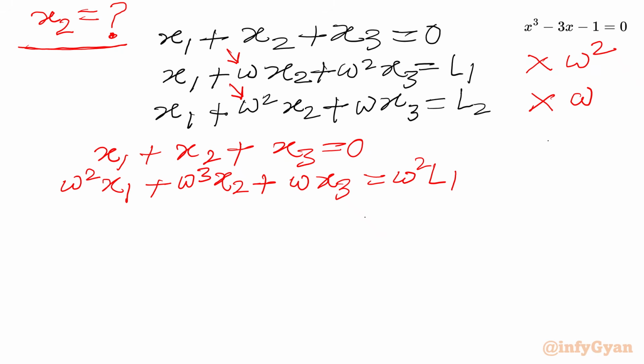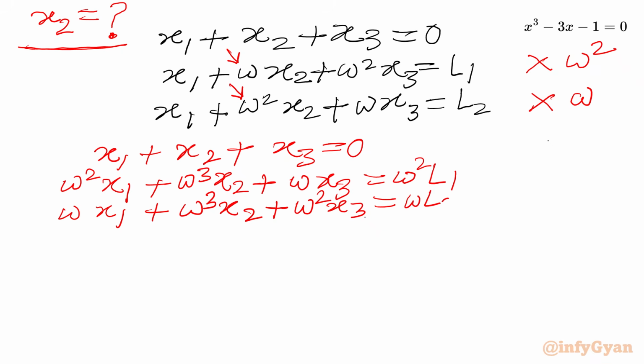Now the third equation we will multiply with omega. So we will write omega x1 plus omega square times omega cube times x2 plus omega times omega square times x3 equal to omega L2.